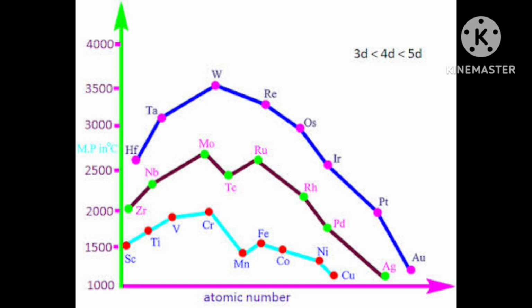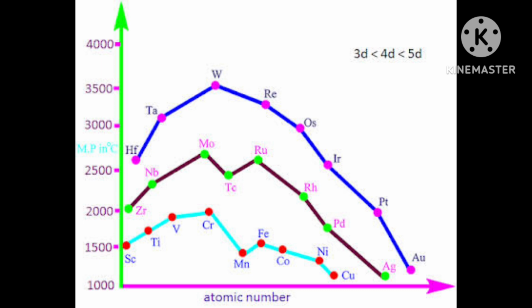This phenomenon is associated with the intervention of the 4f orbitals, which must be filled before the 5d series of elements begins. Correct? Before 5d, 4f must be filled.